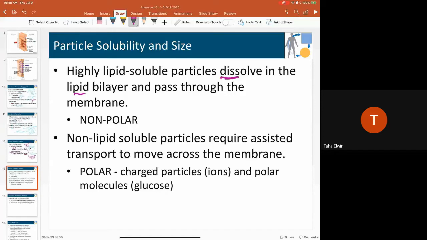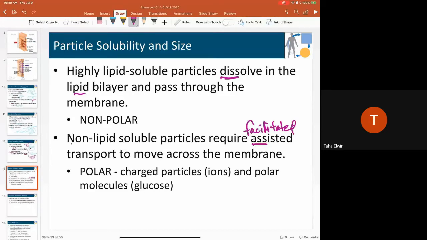The non-lipid particles, they require either assisted, so facilitated, transport, or if they're smaller, they can actually go through a membrane channel. So something like sodium and chloride can go through a membrane channel.